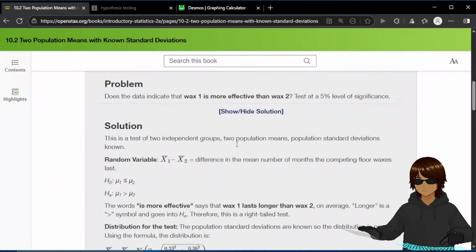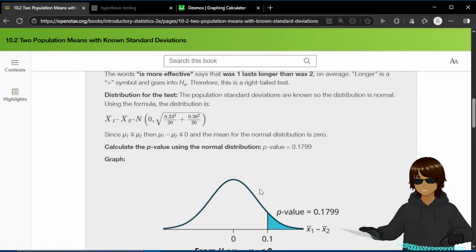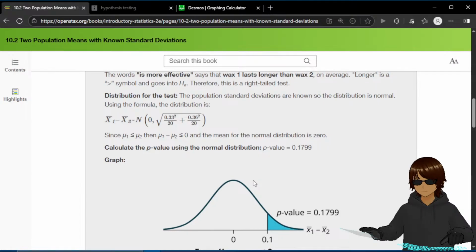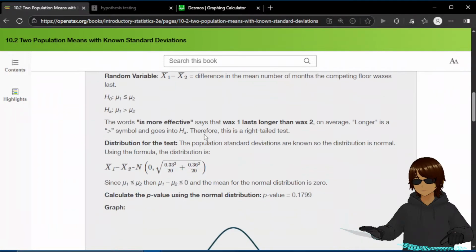So no, right? How did they get 0.1? 0. I don't understand.